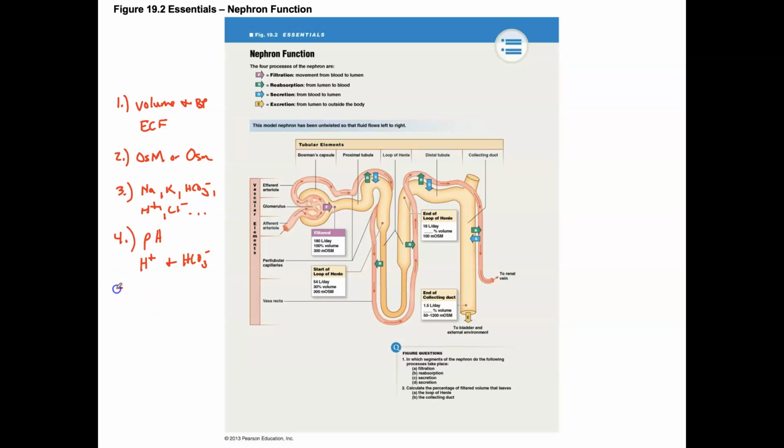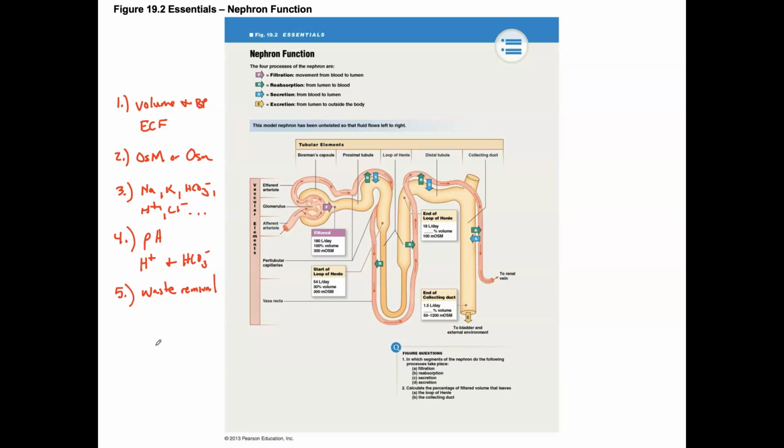The fifth thing to consider in terms of function of the kidneys and function of the urinary system would be waste removal. Waste removal comes in different forms. There are different types of waste that we need to get rid of from the body. So in essence, the kidneys remove foreign substances. So we're going to remove drugs.